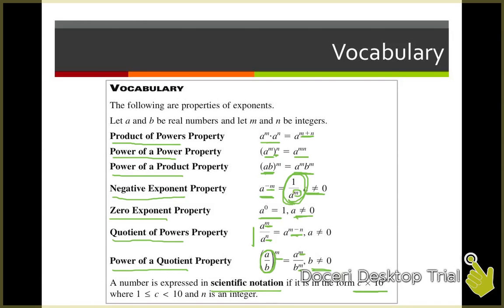But we have to remember that c has to be some number between 1 and 10, where 1 is included, but 10 is not. So another way of thinking of that is we need our c value to only have one digit to the left of the decimal point. Okay? And again, we just want our exponent n to be an integer.